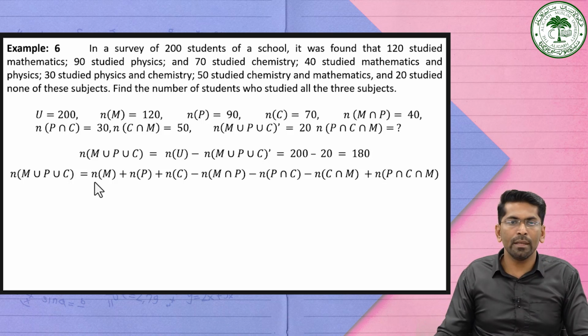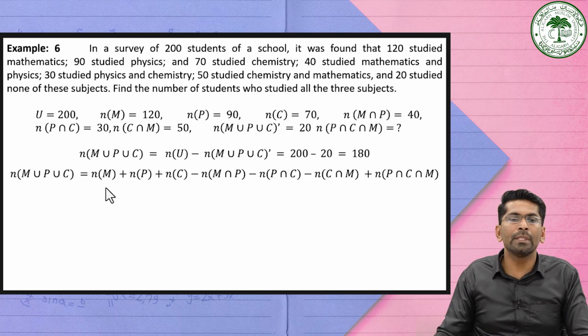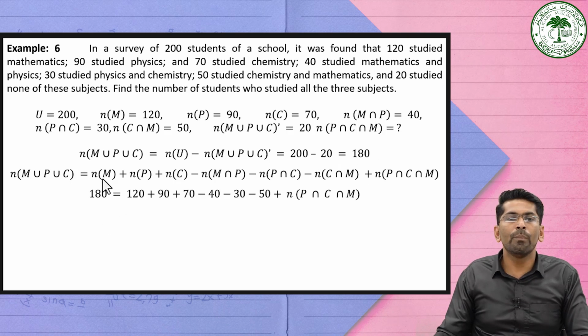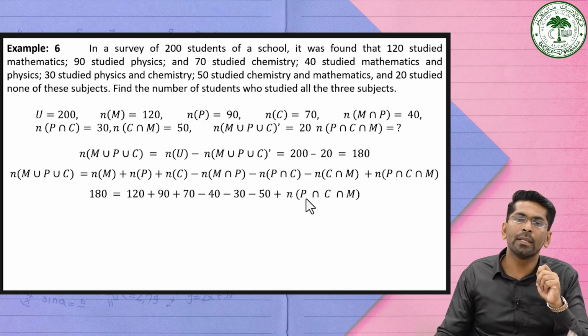Using this formula, we substitute all the given information. The number of elements in M union P union C, which we have already estimated as 180, is equal to the number of elements in M, which is 120, plus 90 plus 70 minus 40 minus 30 minus 50 plus, since we want to find the number of students who studied all three subjects, physics, chemistry and mathematics, the number of elements in P intersection C intersection M.